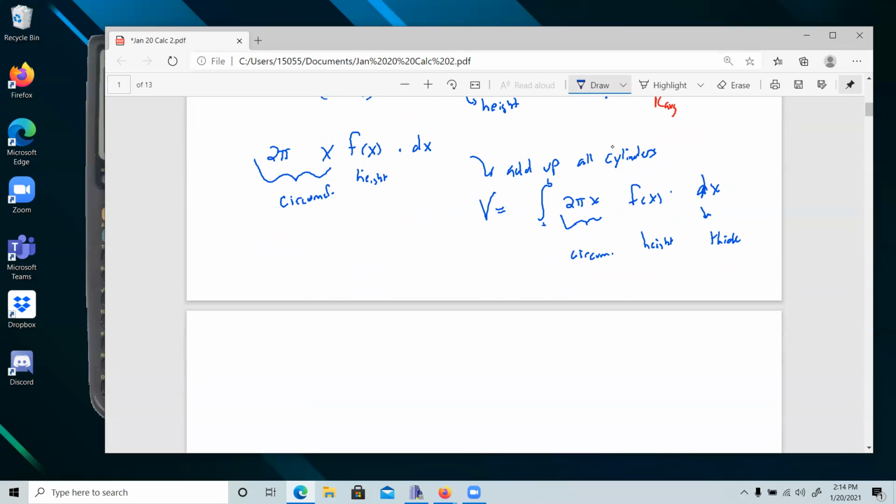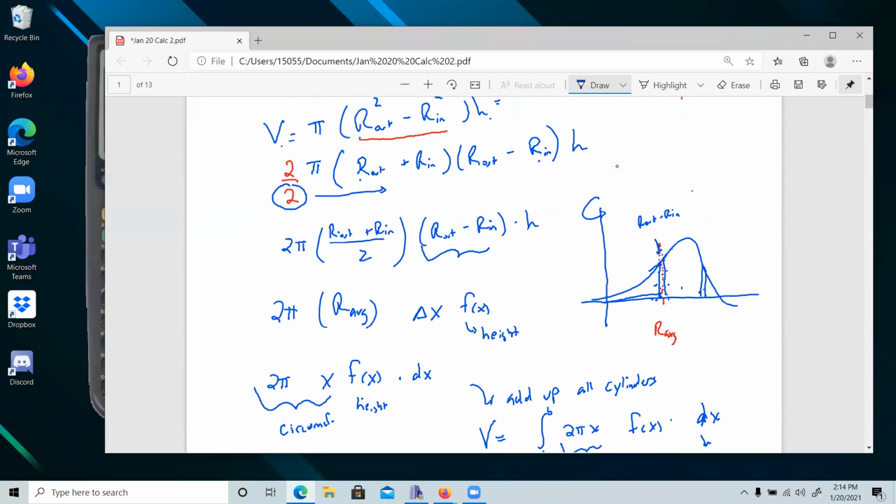Okay, so if you're going to do the washer method, your dx or dy is perpendicular to the axis of rotation, right? If we were going to do it that way with cylinders, we would have to have little tiny slivers like this rotating around.